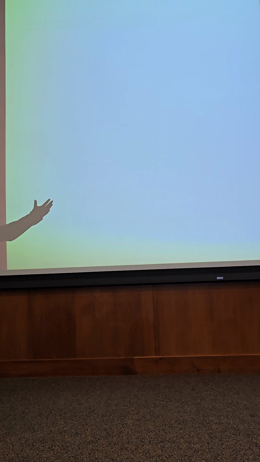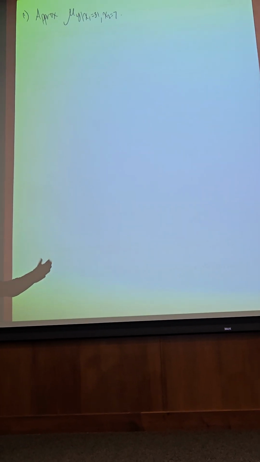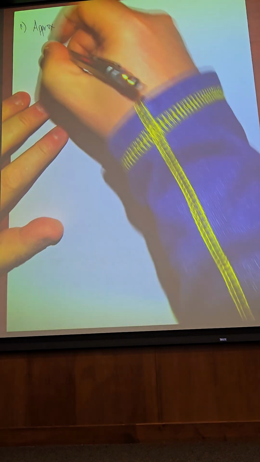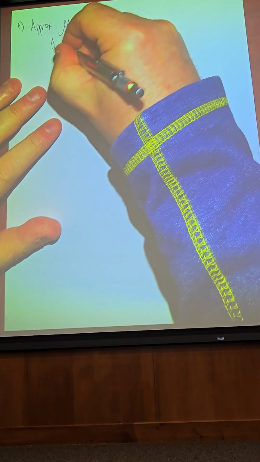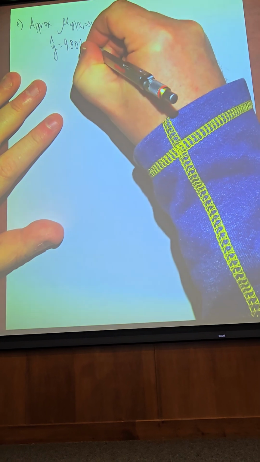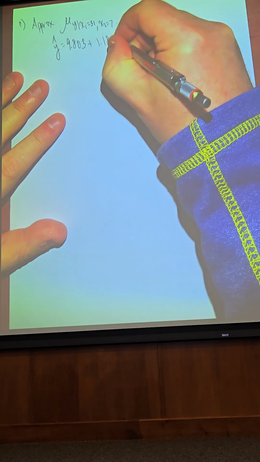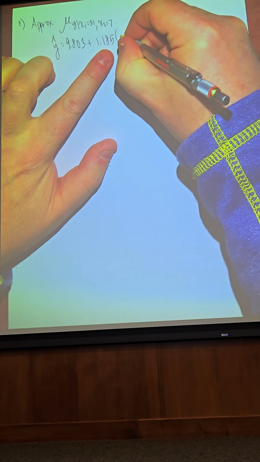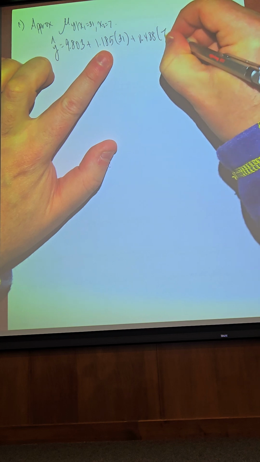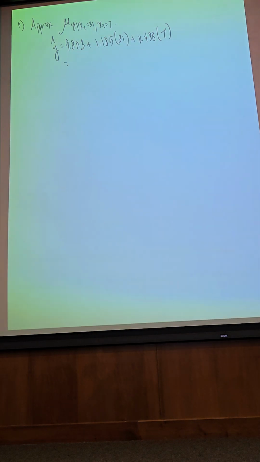I'm going to take my least squares regression equation and simply plug in the relevant values. So you take your least squares regression equation, which is 9.803 plus 1.185 times x1, which in this case is 31, plus 0.488 times x2, which in this case is 7.